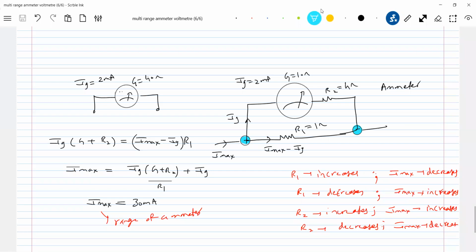Here it's quite convenient: I'll increase R2 if the range has to increase, and keep R1 as it is. Because if R1 becomes 0.1 or 0.01, it'll be very difficult to manufacture such a low resistance with exact value. So there's an alternative. That's why when you open the ammeters, you see not only R1 but also some R2. These are practical ammeters. This is not discussed in the book, so there is a possibility of it being asked. You have to be very careful.